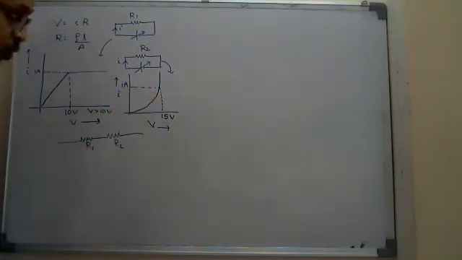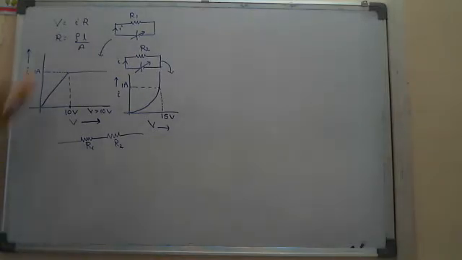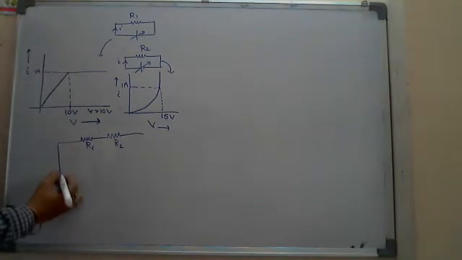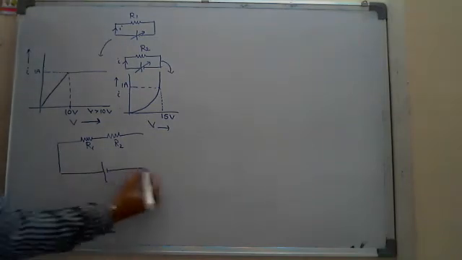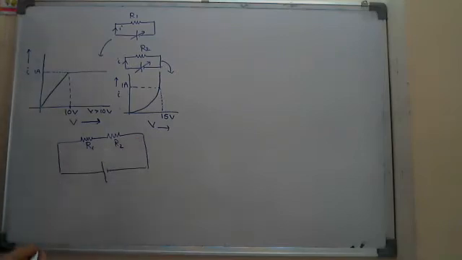I don't know whether they are ohmic or non-ohmic. He gave some VI characteristic there from the fundamental concept of ohmic and non-ohmic. And here he connected it to some variable source. Applied voltage is V.